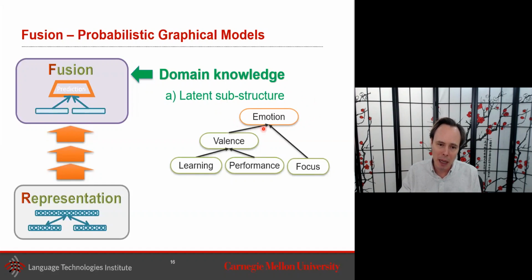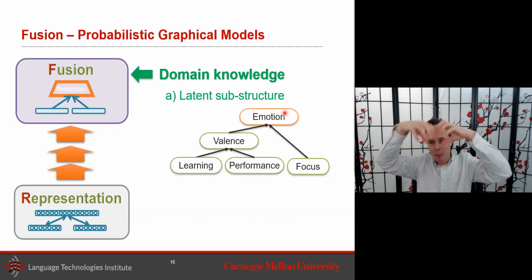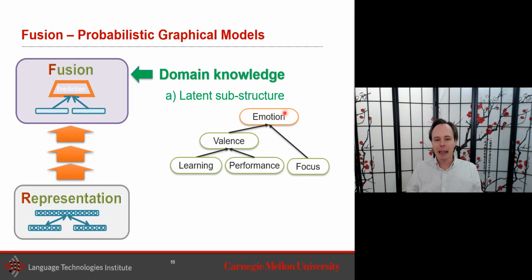By latent substructure, I mean the label may be emotion, which is what you're trying to predict, but experts have studied this process and have hypotheses and models. As we saw last week, emotion, if you take appraisal theory, can be formalized with a structure that looks at balance: how you perform and how much effort you put in gives you some aspect of balance.